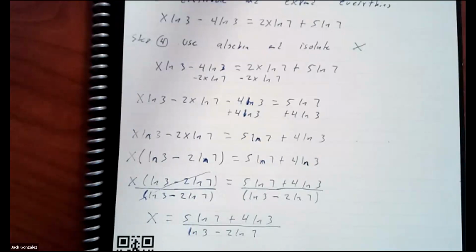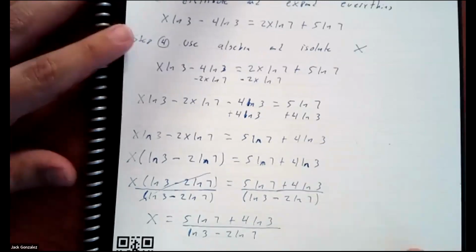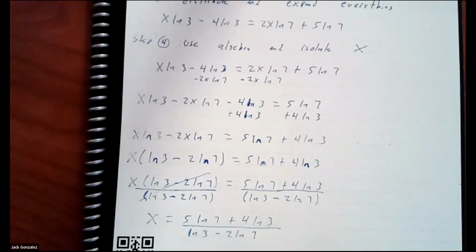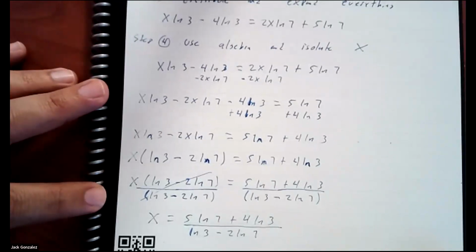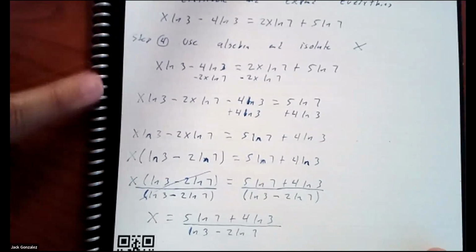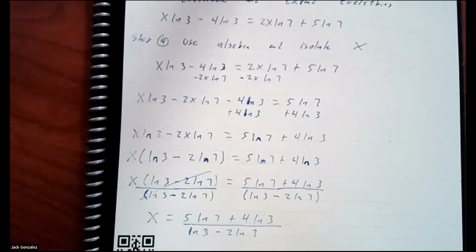So when you're doing this, make sure you have your log properties in front of you. I don't expect you to have them memorized, so have them at the ready. You guys have any questions? Steps 1 through 4. The algebra is probably the most annoying part. So any of these steps strange? Is it okay? Is it horrid? Is it beautiful?